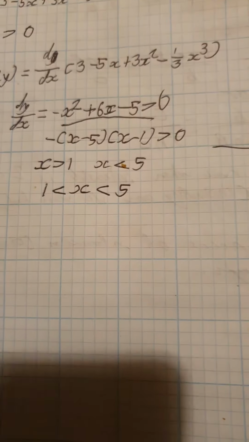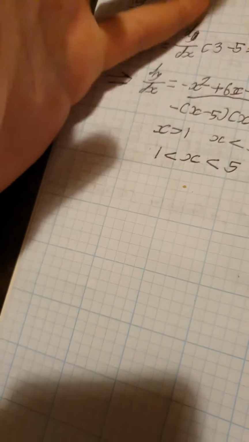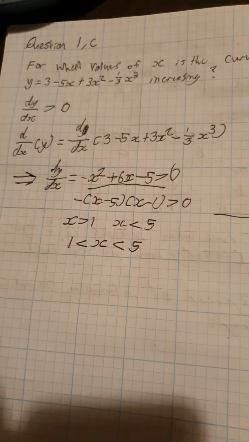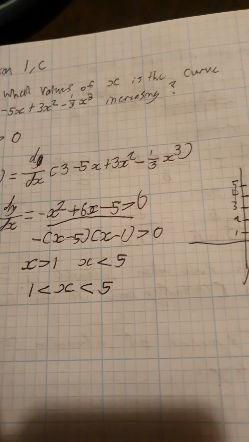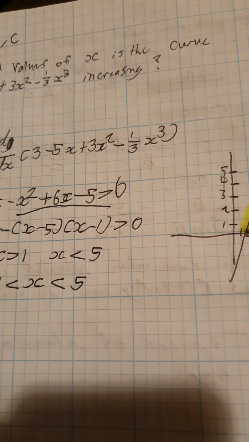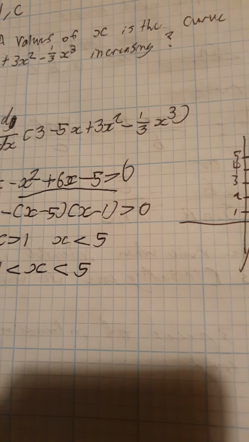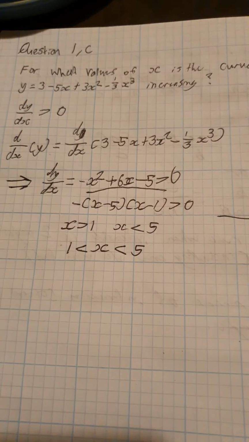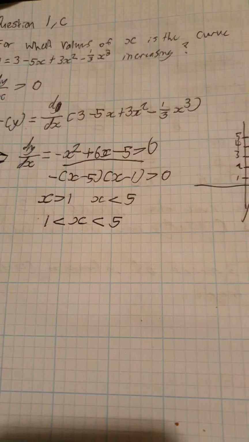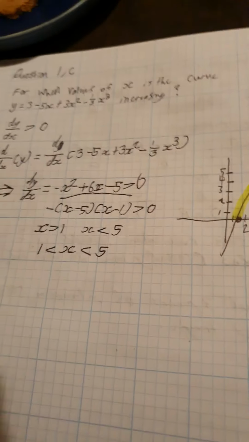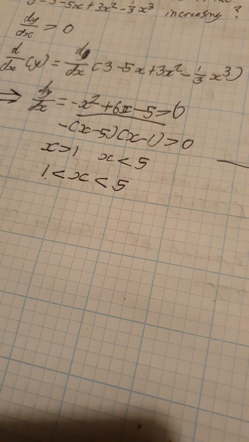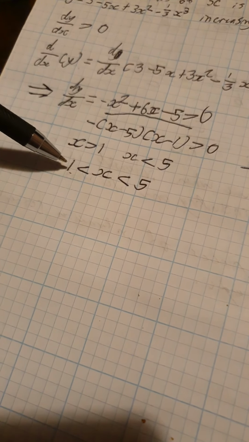I mean, what I've done here is basically adequate justification, but sometimes questions will say justify fully, or provide justification, or something like that. If you're going to do that with a question like this, the way I would do it is I'd find a value of x like this.